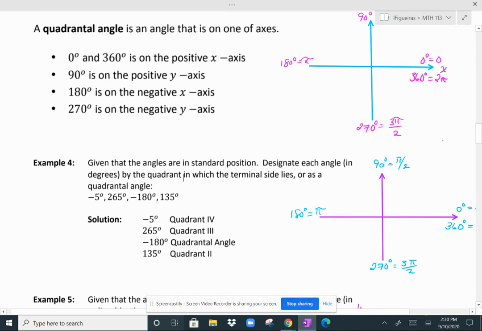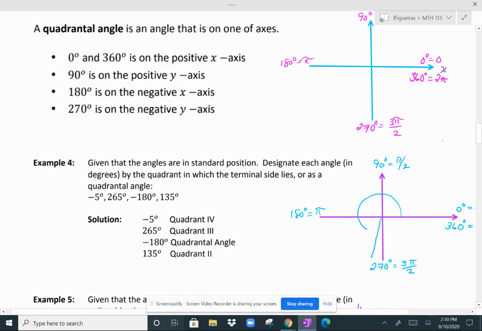Negative 5 degrees means that you have gone clockwise, so backwards. So it's a pretty small angle right in here. So negative 5 degrees is in quadrant 4. Then we look at 265. 265 is positive, which means that you are going counterclockwise, and 265 is close to the 270, but not quite.